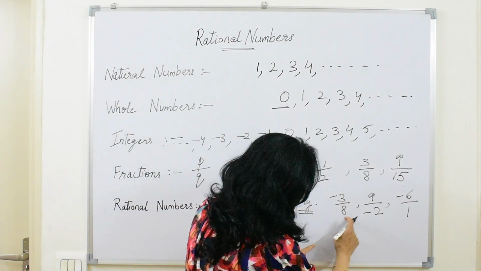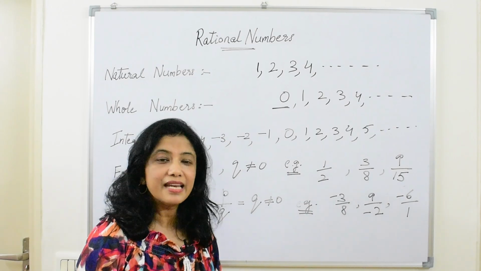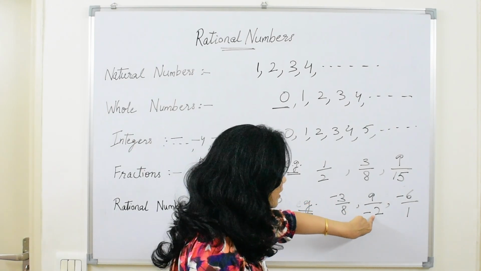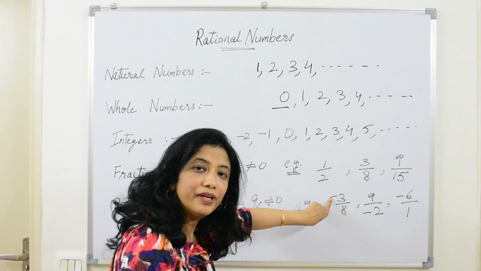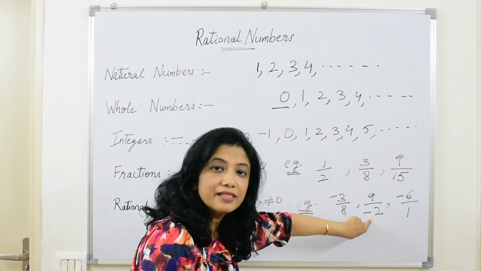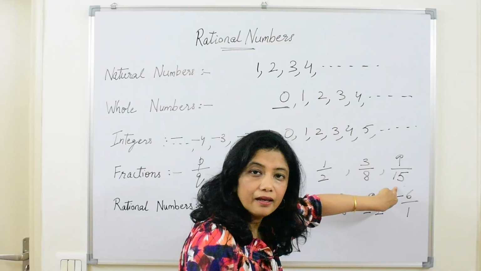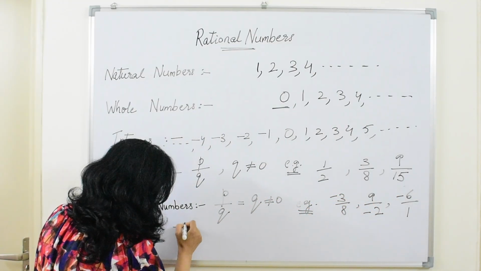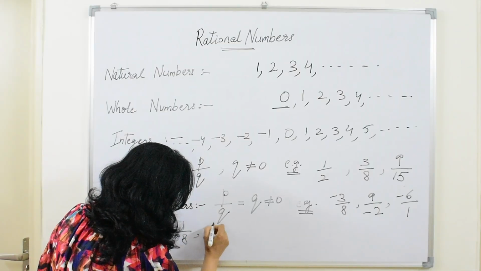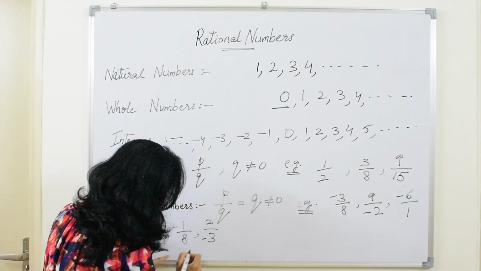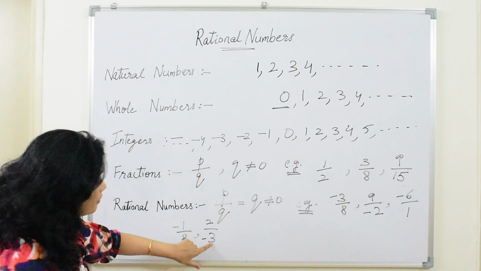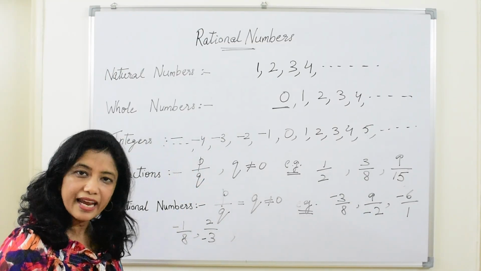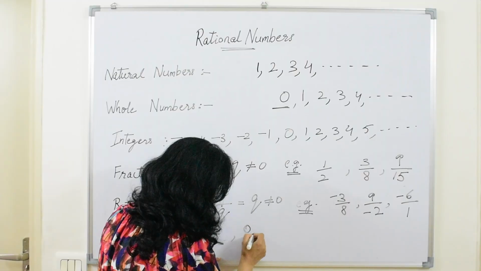Negative rational numbers are the numbers in which either one of them is negative, numerator or denominator. So these all are negative numbers, for example -1/8, 2/-3. Now here also 0 is neither negative nor positive.